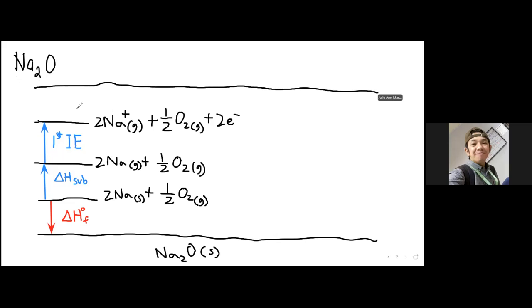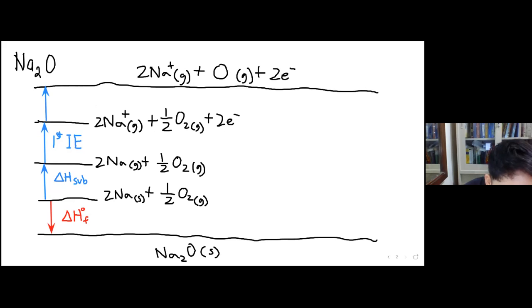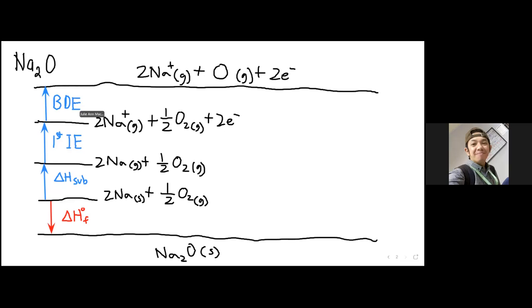Okay, correct. In this transition, what happened? That's also an increase of energy. The O-O bond is broken. Okay, good, the bond dissociation energy.